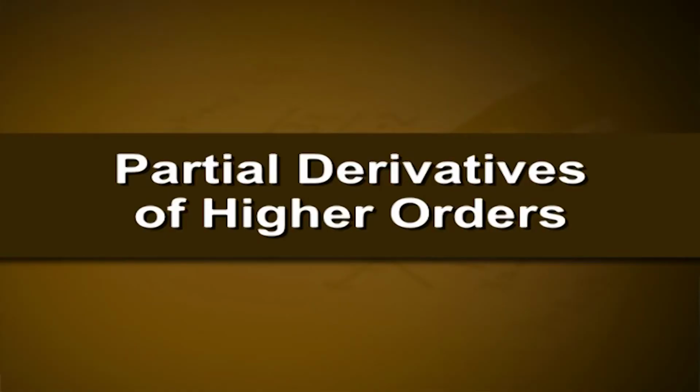Partial derivatives of higher orders. We can form partial derivatives of the first order partial derivatives just as we formed those of f. Thus, we have ∂/∂x of ∂z/∂x and ∂/∂y of ∂z/∂x, or equivalently f_xx and f_yx, called the second order partial derivatives of f.